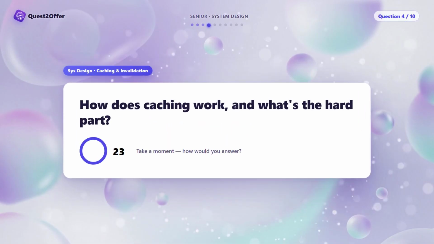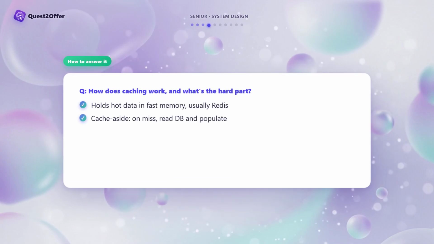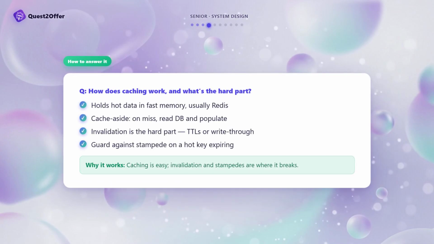How does caching work, and what's the hard part? A cache holds hot data in fast memory, usually Redis, to cut load and latency.